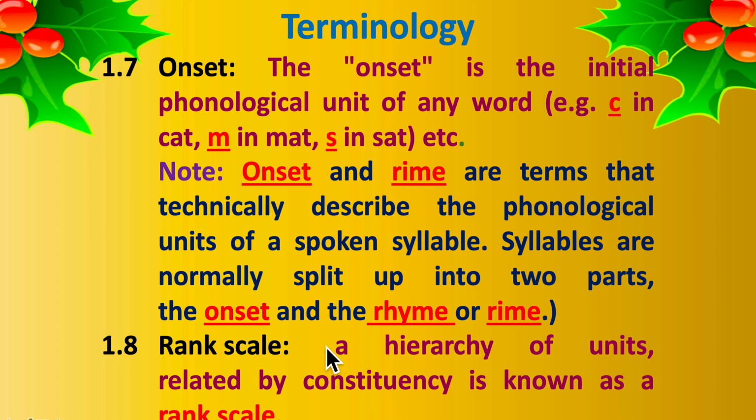As I told you, what is rank scale? Rank scale is a hierarchy of units. A text, as I told you, is a bigger unit. Then you go on dividing it into different hierarchies, different levels. So rank scale is a hierarchy of units related by constituency.